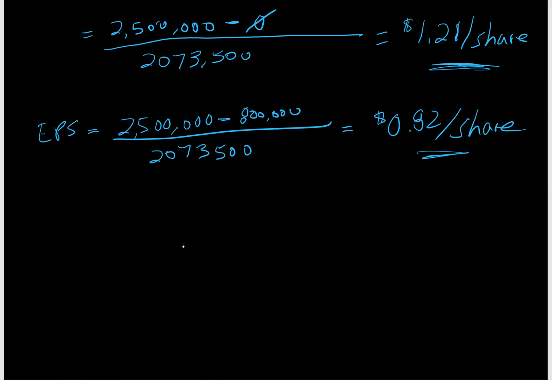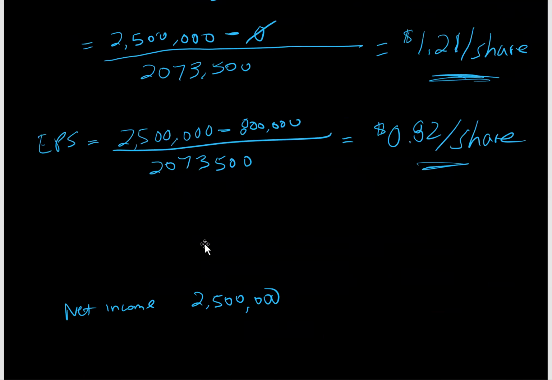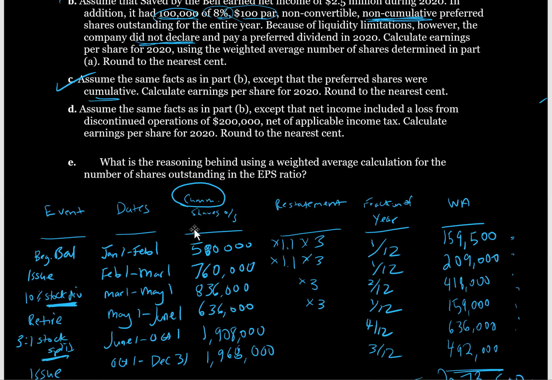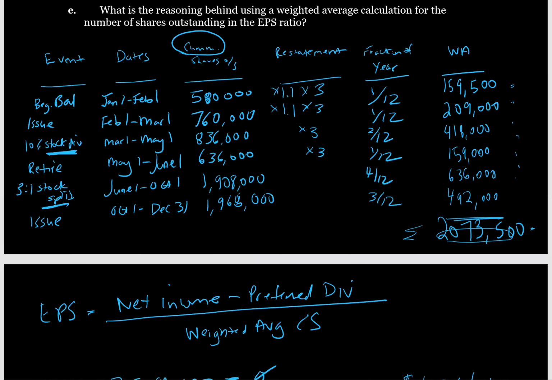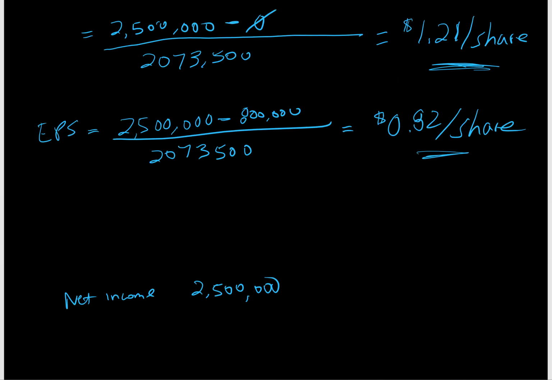So we know we've got net income of 2.5 million. And now we're told that we had a loss from discontinued operations of 200,000. Remember, a loss is always going to be negative. So what would our income from continuing operations be then?